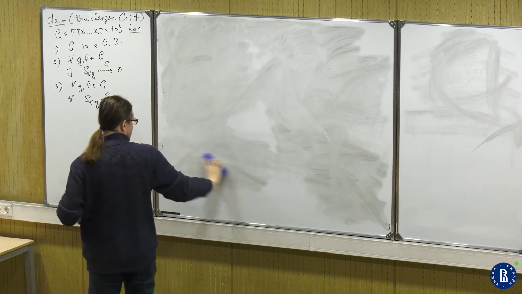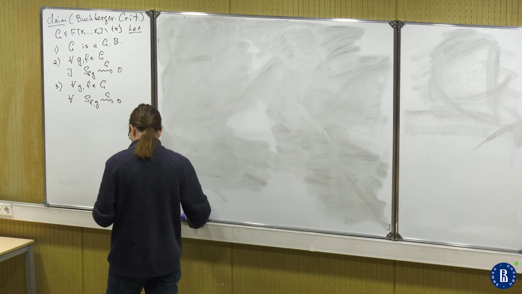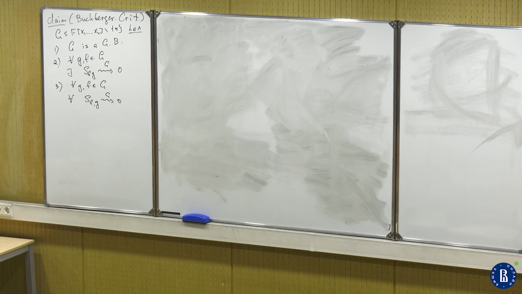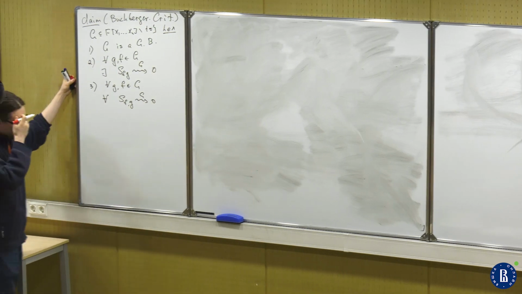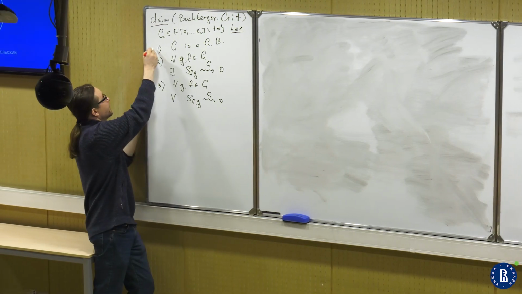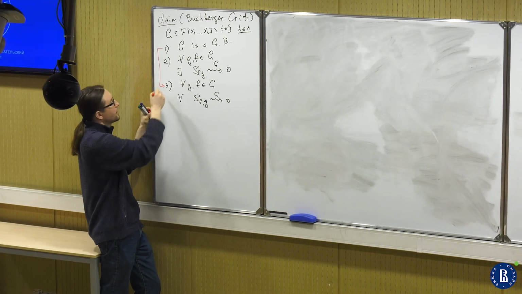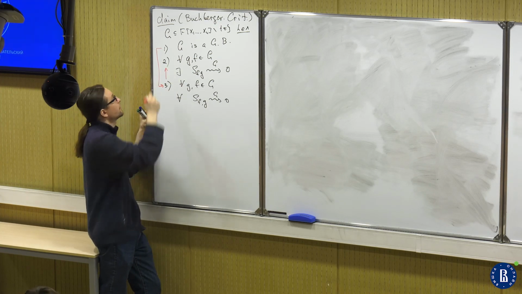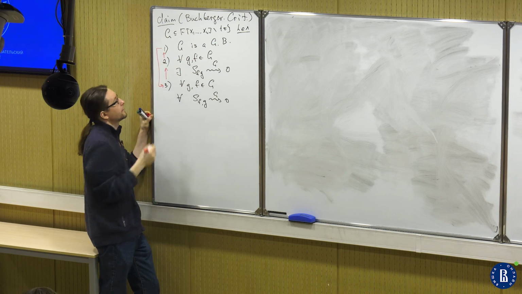Okay, now we're ready. So let me explain how we're going to prove this. First of all, we will prove that 1 implies 3. 3 obviously implies 2, and then 2 implies 1.